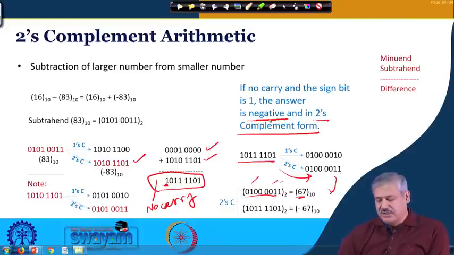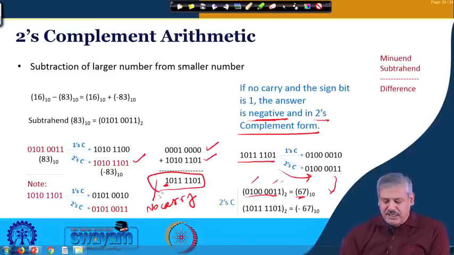So, that gives you the magnitude part, but you already know the answer is negative. Okay. So, when you are doing the binary to decimal conversion, right, then you convert it back to the normal number representation, do not use the weights on the 2's complement of the negative number, and you know the number is negative. Okay.